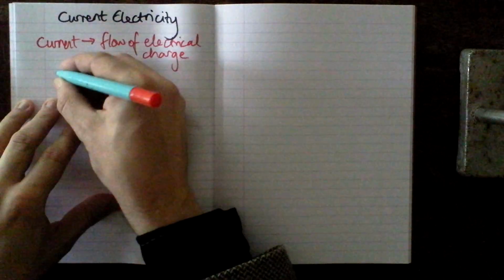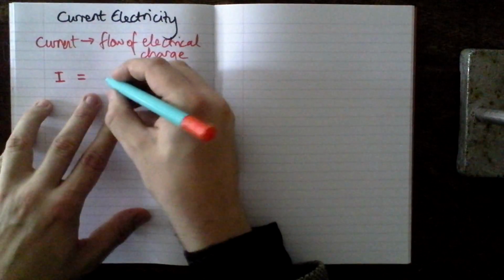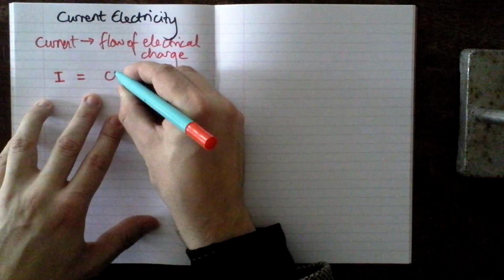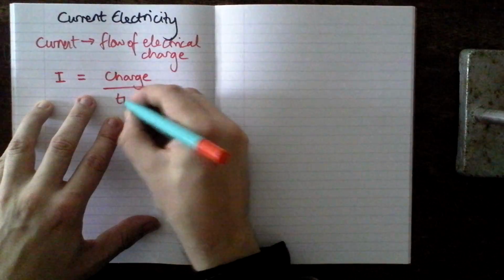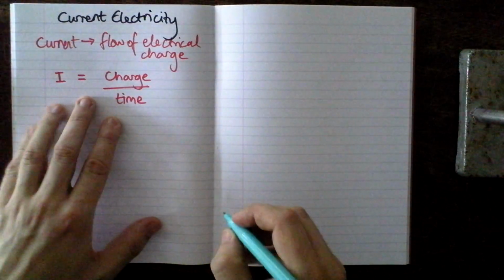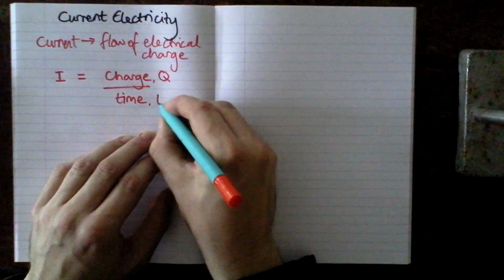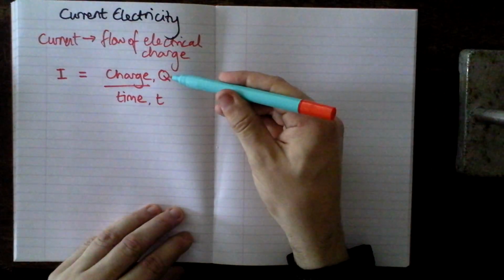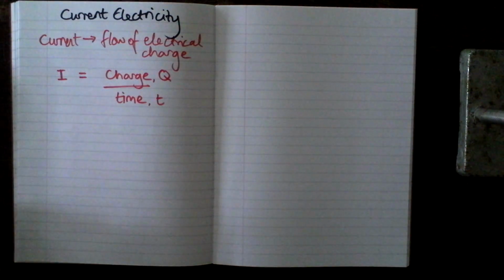We use the symbol I to represent current, and we will talk about it being equal to the amount of charge that flows past a point in a certain time. We use the symbol Q for charge and a little symbol t for time. So the charge going past a certain point per second, that's the current.